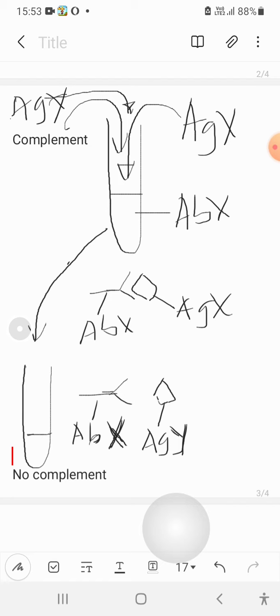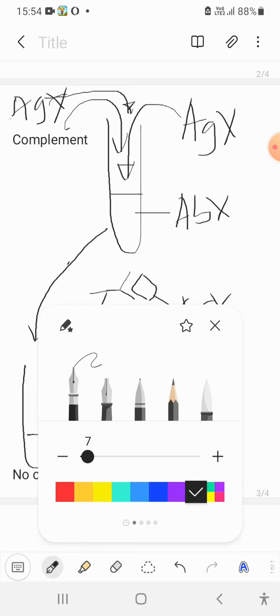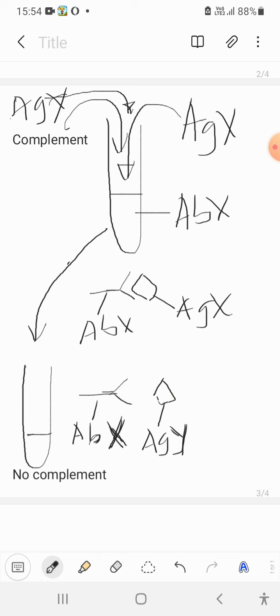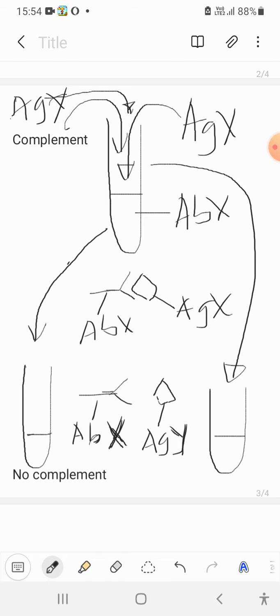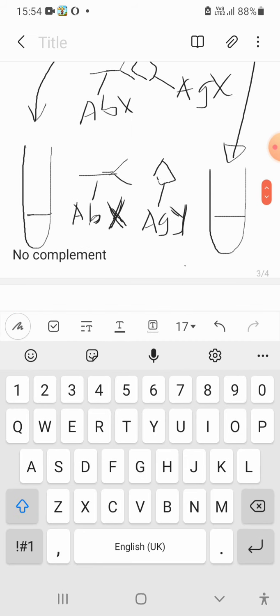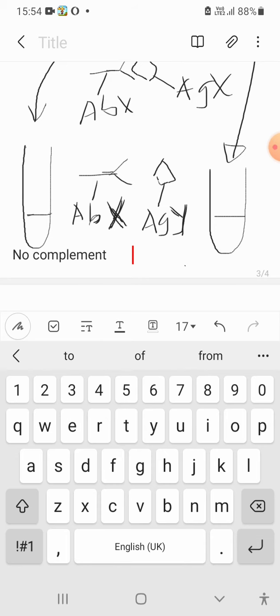So that's this case scenario now. I have a tube there. This tube now has complement.